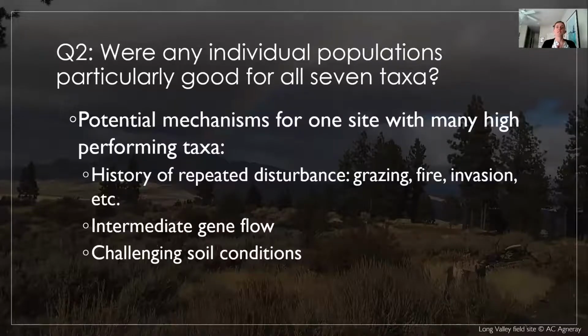So then second, we wanted to see if we could identify any single locations that were producing exceptional seeds across all of the taxa we tested. And if so, that might indicate, okay, there are spots creating seeds that are ideal for establishing in invaded systems in the area, which is a very different way of thinking from what we do now. Currently we really use a mishmash of seeds pulled from multiple locations.